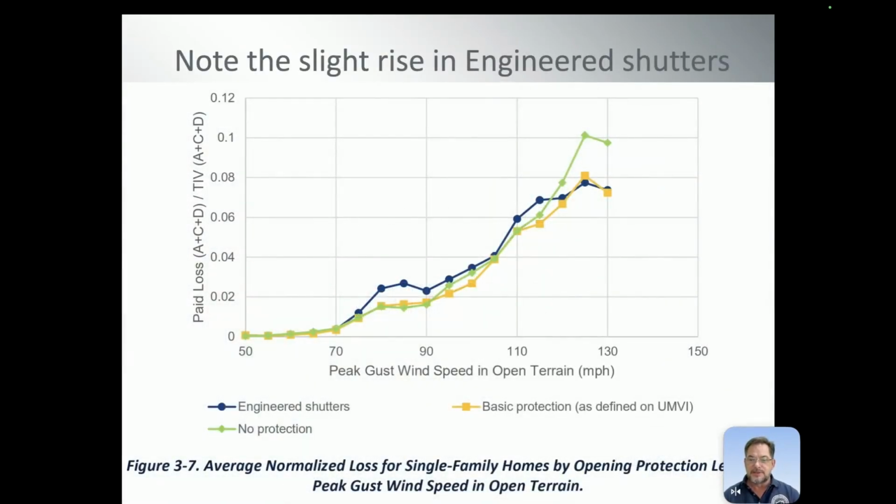Before we get going, let's talk about one thing here, and I love showing this chart from the ARA and the study for losses on single family by opening protection. One thing you'll notice is those items that have engineered shutters, meaning protection, they seem to have damage more often than other sections.